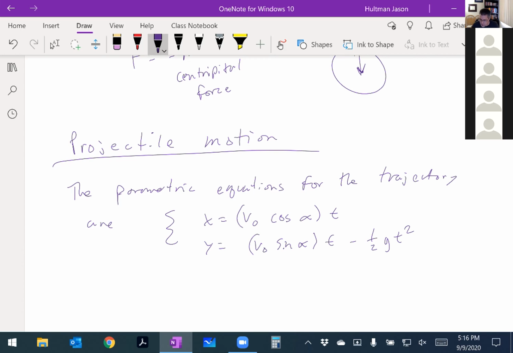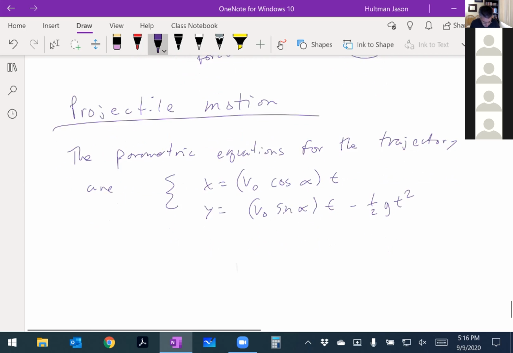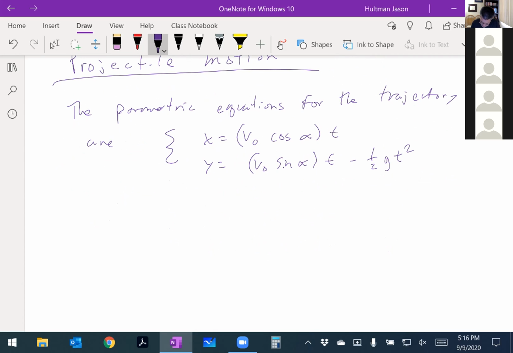So we take into account initial velocity and acceleration of gravity due to time. Okay, so that's for trajectory.